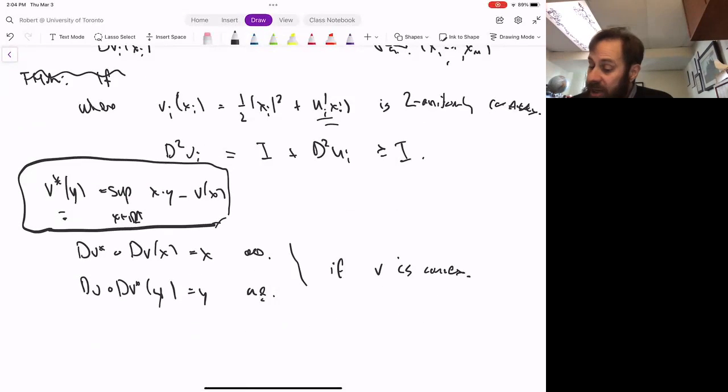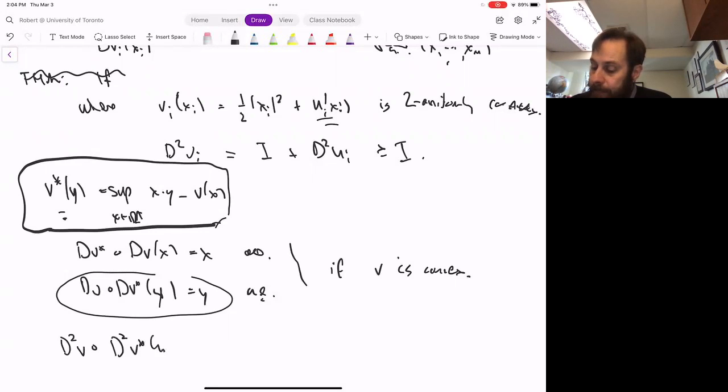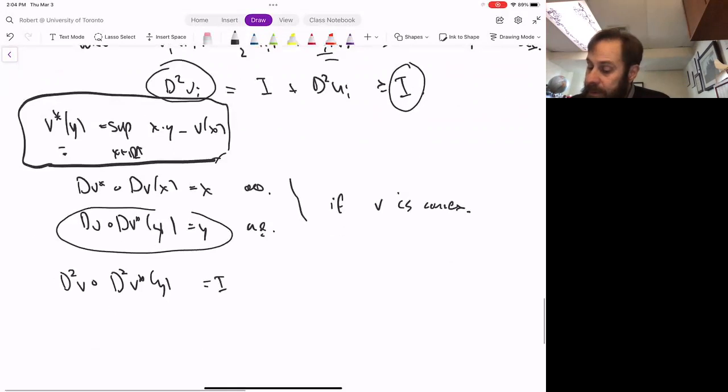And if I differentiate either one of these relationships, like say this one, then what I get is the second derivative of v composed with the second derivative of v star is the identity map. And so since I have a lower bound on the Hessian of v, if I have this global lower bound on the Hessian of v, that implies a global upper bound on the Hessian of v star.